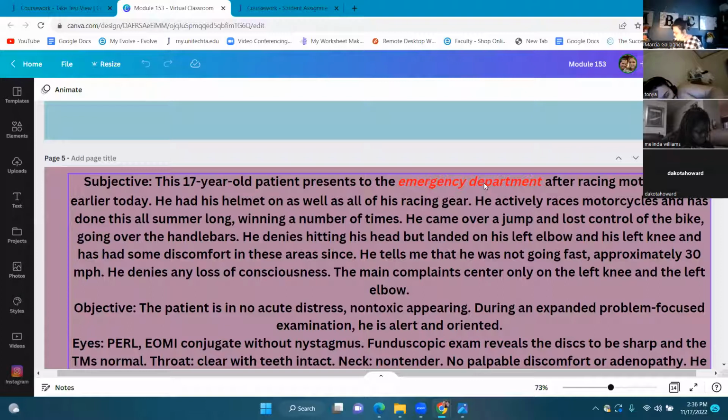Yep, 30. I couldn't find my tab, but it's there. So we're going to be starting on page 30 because we're in the emergency room department.